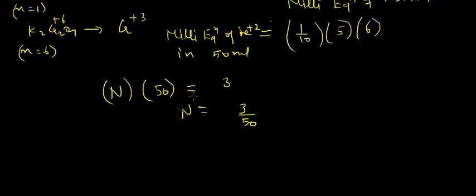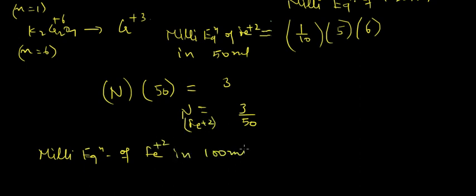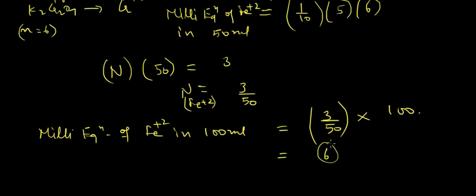This is the normality of Fe2+ in 50 ml solution, and the normality of Fe2+ in 100 ml solution would also be 3 by 50. The milli equivalents would be normality into volume of solution. Volume of solution will be 100. So the milli equivalents of Fe2+ in 100 ml would be 6.